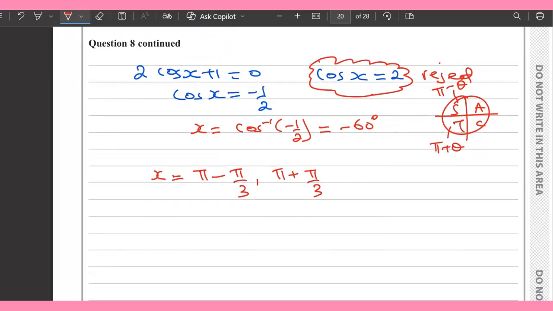Simplifying this further, we'll have x equal to 2 over 3 pi and 4 over 3 pi, and this is our final solution for question number 8.